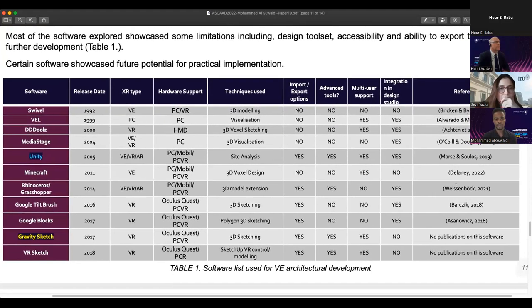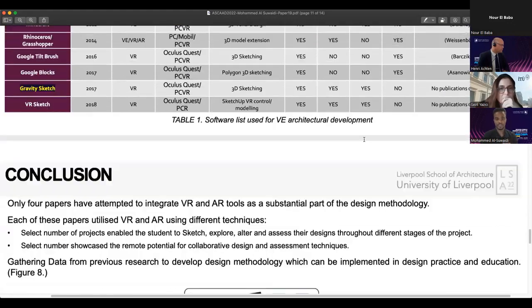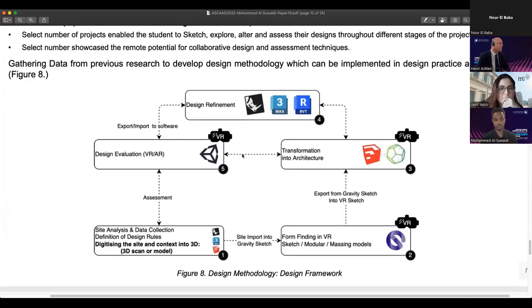To answer your question, it's more of an experimental approach that follows a design methodology working in a form of a cycle.